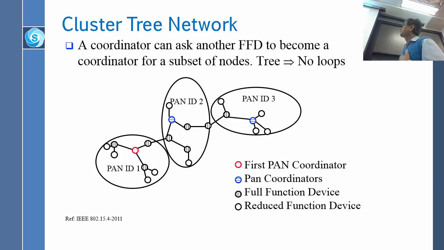So each cluster is a PAN, and each PAN has a coordinator. But many PANs can be connected together and the packets can go. And we'll talk a little bit more about the connection in a minute.